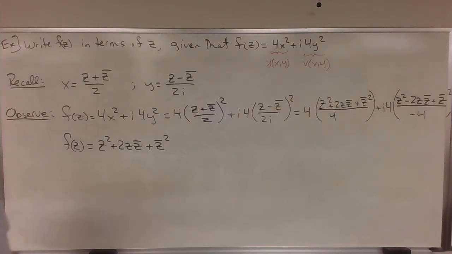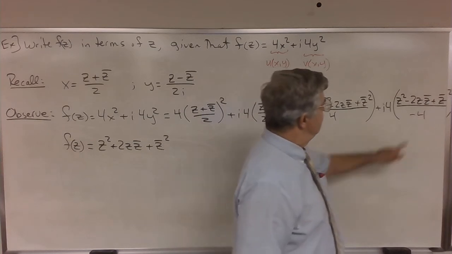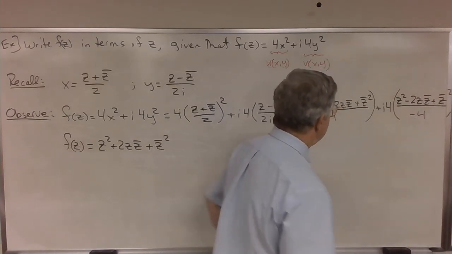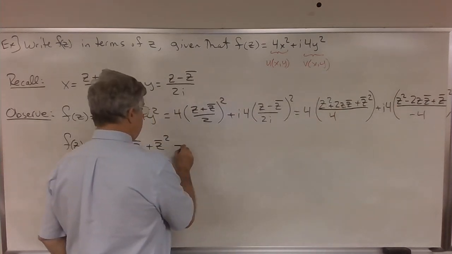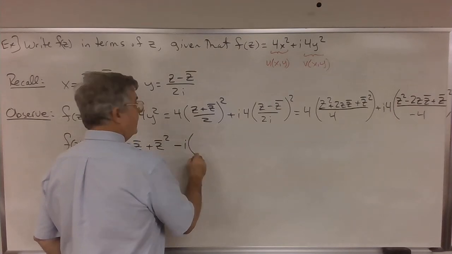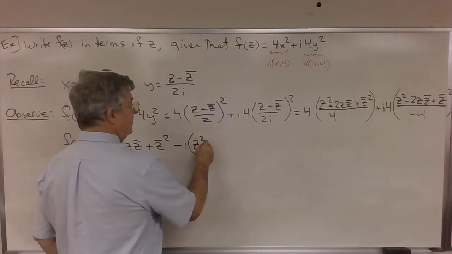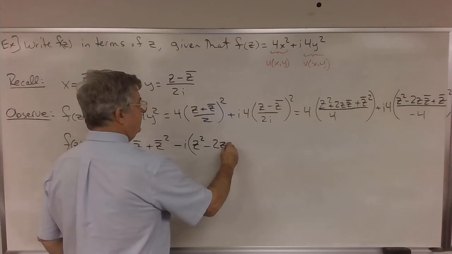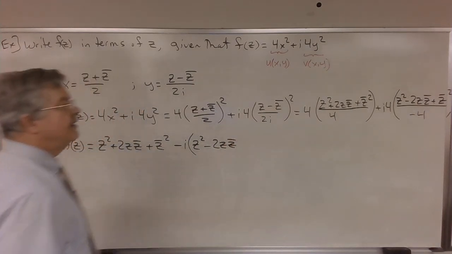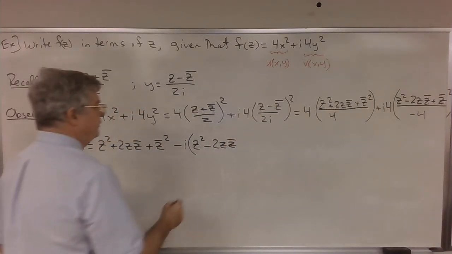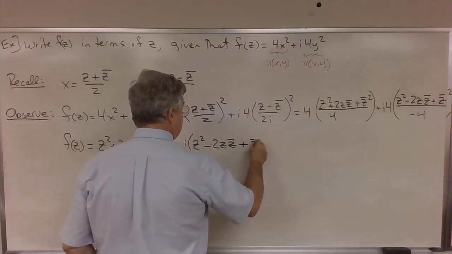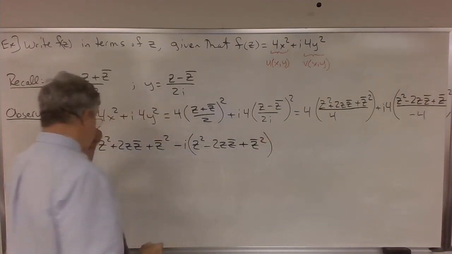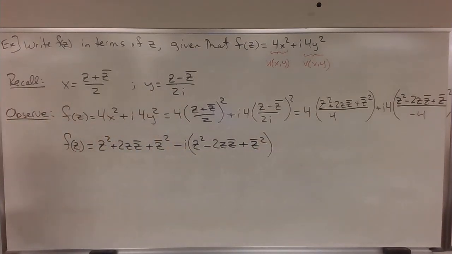And let's see, 4 and a negative 4, so we got minus i times z squared minus 2z, z conjugate, plus z conjugate squared. And maybe we can tidy this up just a little bit.